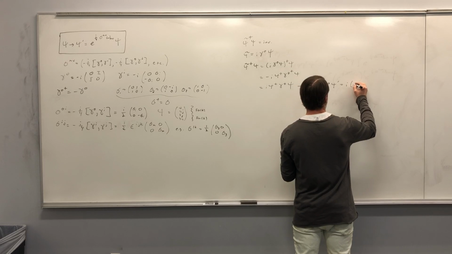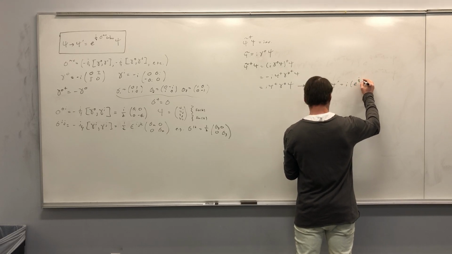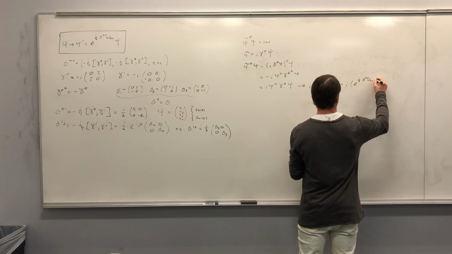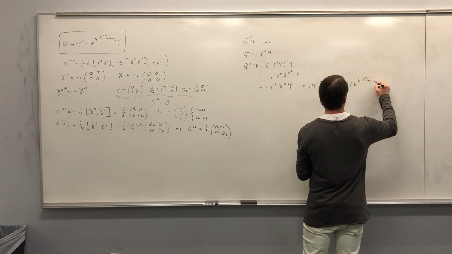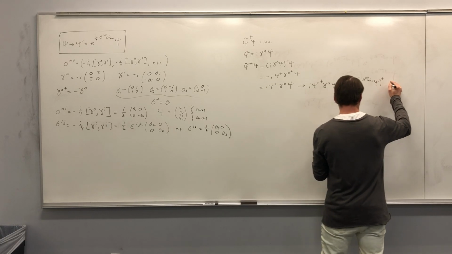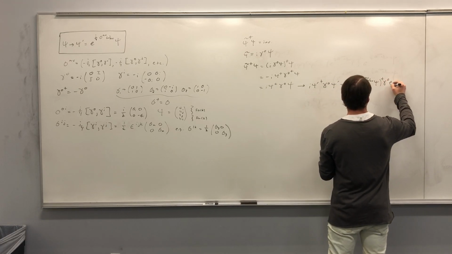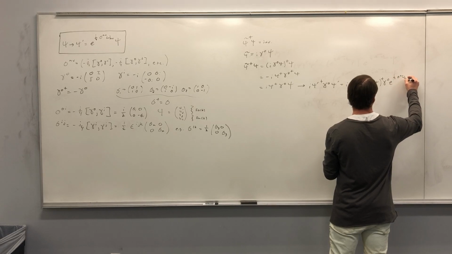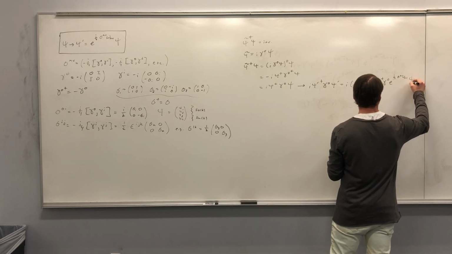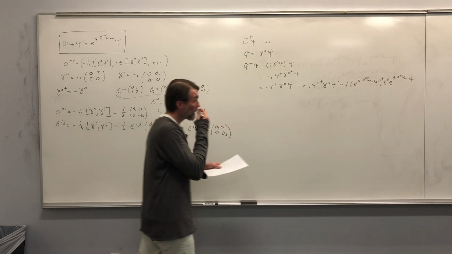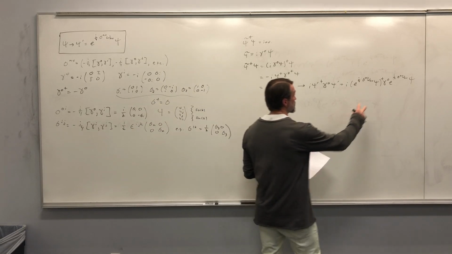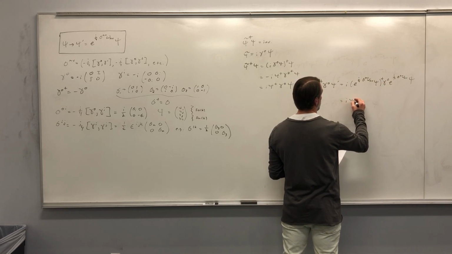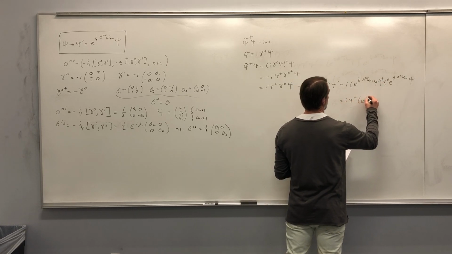So i, e to the i over 4 sigma mu nu omega mu nu psi, dagger, gamma 0, e to the i over 4 sigma mu nu omega mu nu, times psi. And once again, this is the product of two things daggered, so I can reduce it to this.